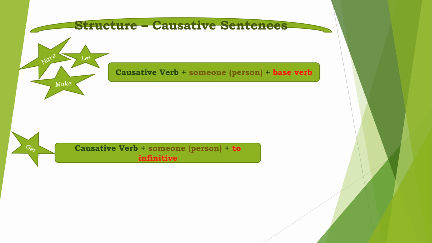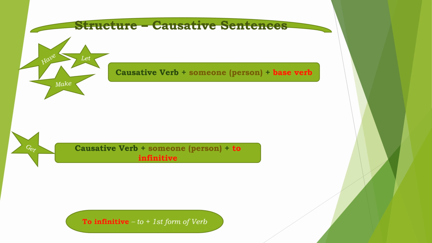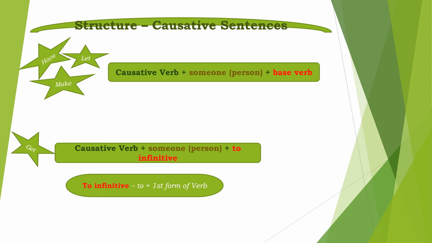The structure is causative verb plus someone, the person, plus base verb, means first form of verb. In case of the causative verb get, we have a structure causative verb plus someone, the person, plus to infinitive. What is to infinitive? To infinitive is to plus first form of verb.